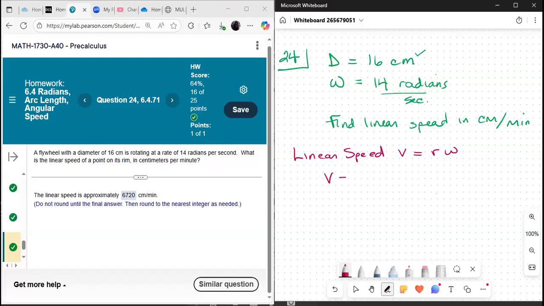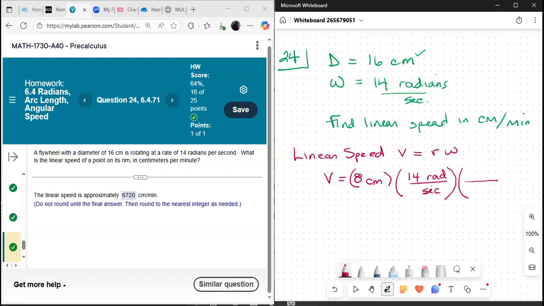So v is 8 centimeters times the angular speed, 14 radians per second, but we need to convert the seconds to minutes.